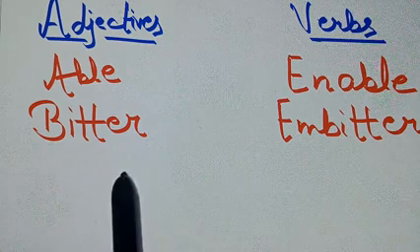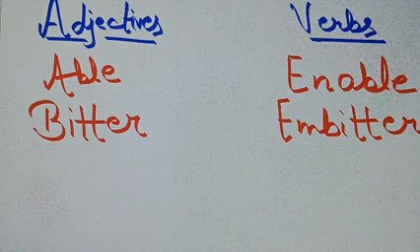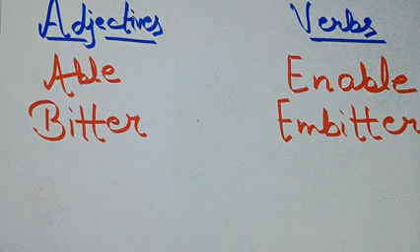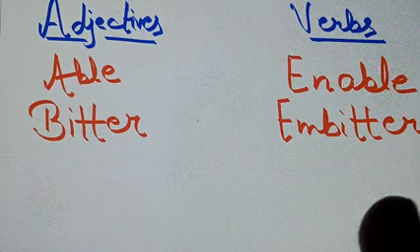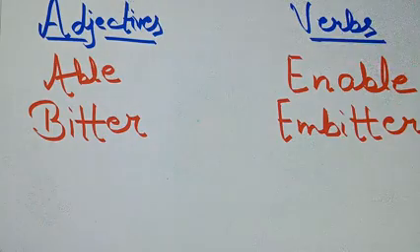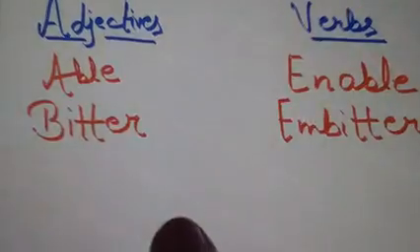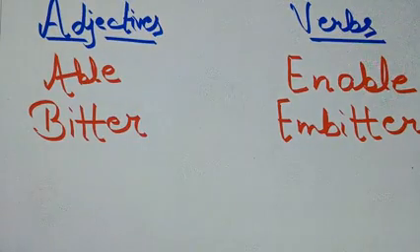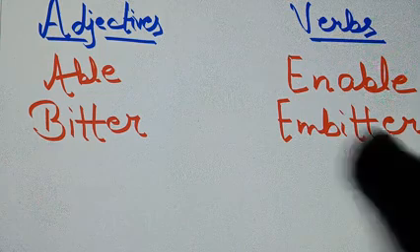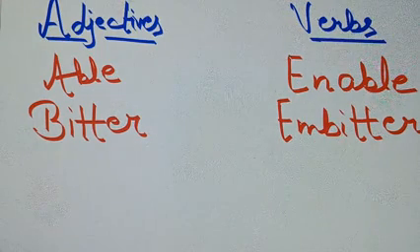We use this word to describe some vegetables, sometimes fruits. If we are describing the taste of anything, we use such a word. But if we use the verb form, we will not use bitter but embitter. Extra salt embitters the dish. Like that, here we are using the verb form, not the adjective.